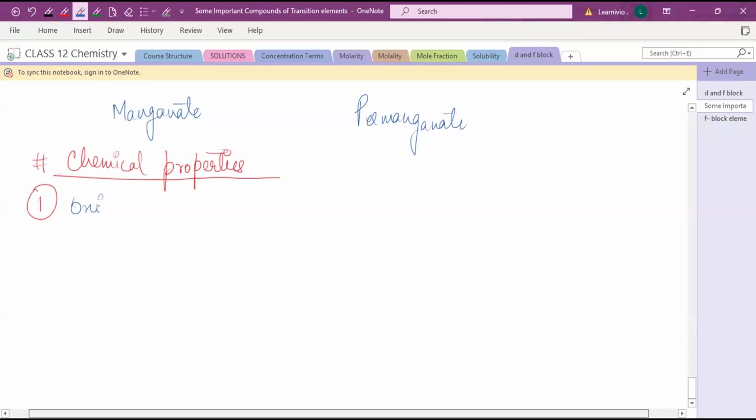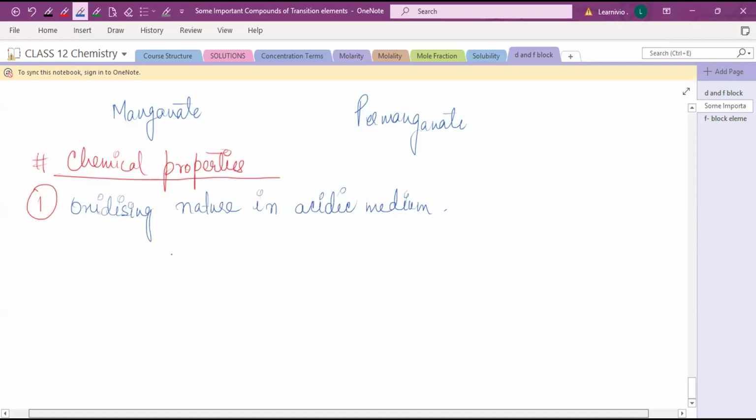Potassium permanganate and potassium dichromate both are strong oxidizing agents. So for chemical properties, the first point to write down is oxidizing nature. It shows the oxidizing nature in acidic medium.